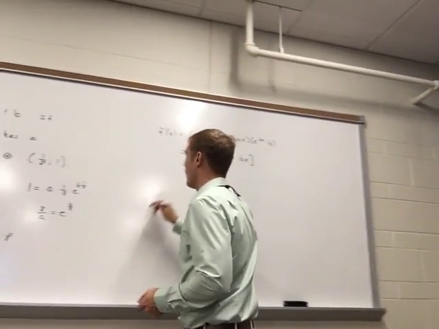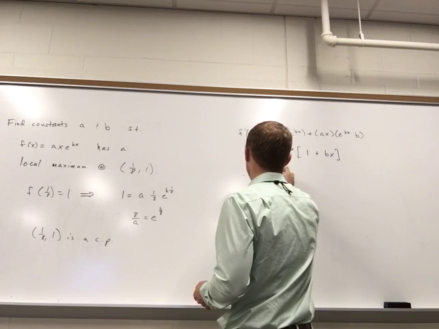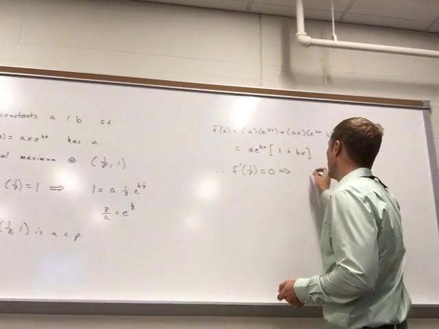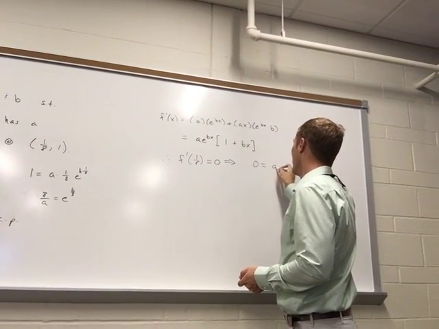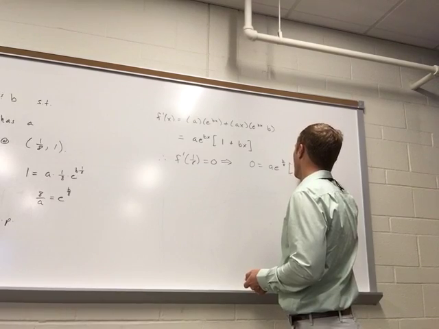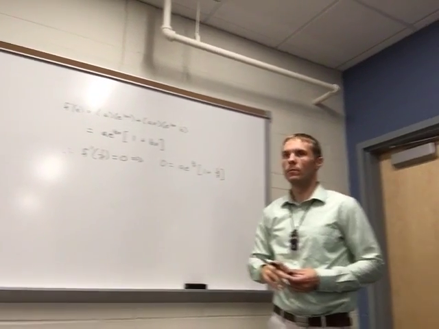Since this thing never fails to exist, f prime of 1/8 must equal 0, which implies that 0 equals a e to the b over 8 times 1 plus b over 8.